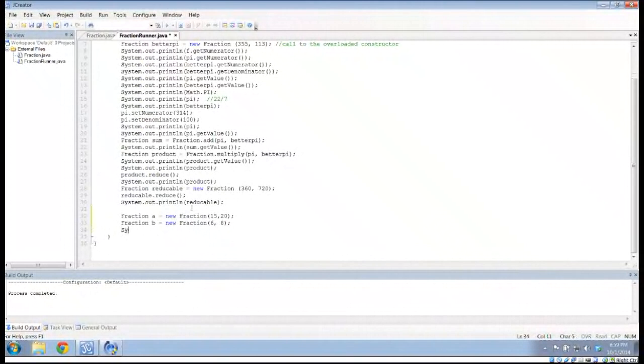And so what I can do is System.out.println, is A equal to B, and I can say A.equals(B).